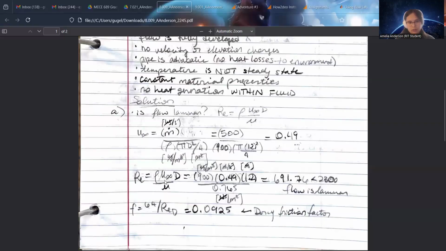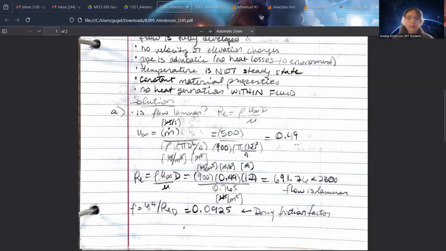So then we've got our Reynolds number, rho u d over mu, which you can also do as u d over nu, but that's the same thing. I just prefer that version. If we do it that way, we get a Reynolds number of about 700, which is definitely less than 2300, so it's probably laminar flow.